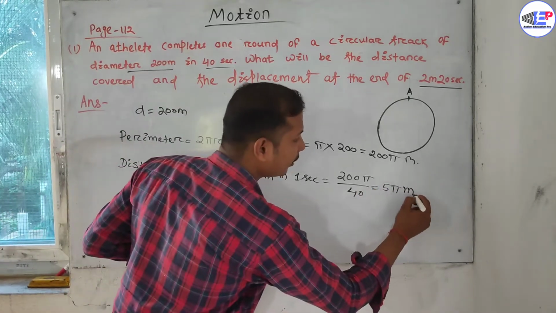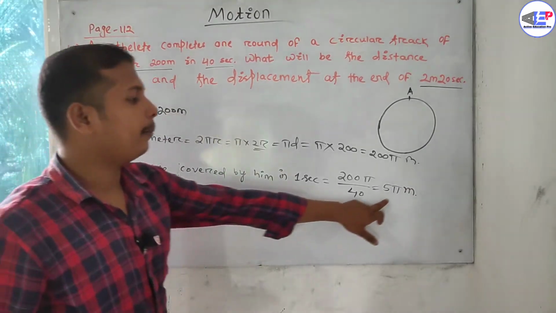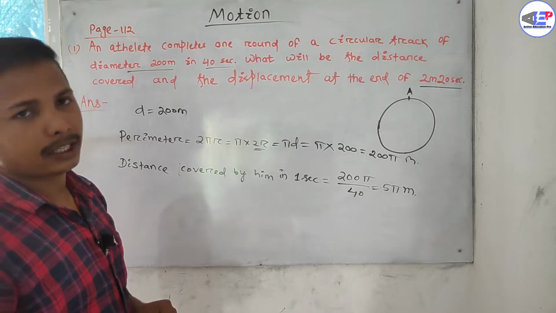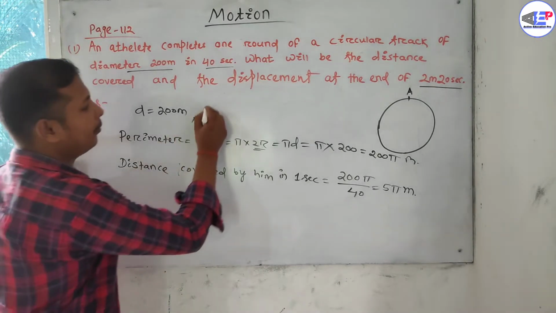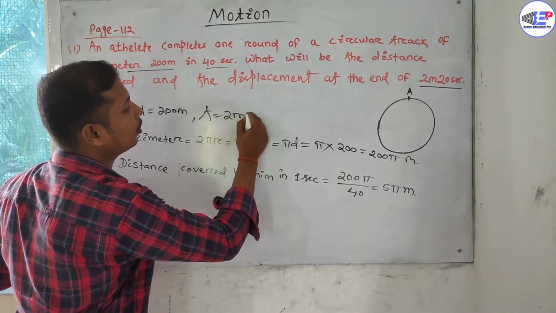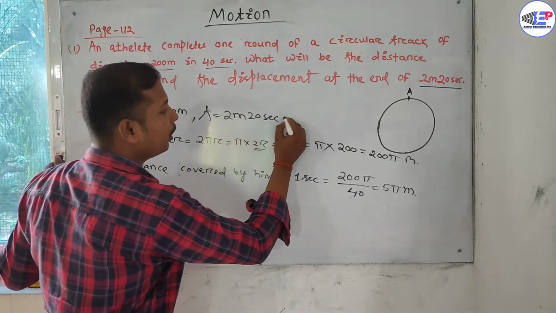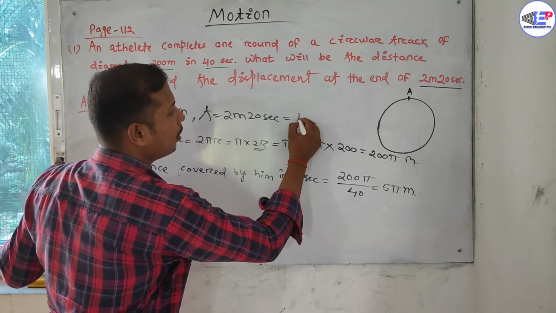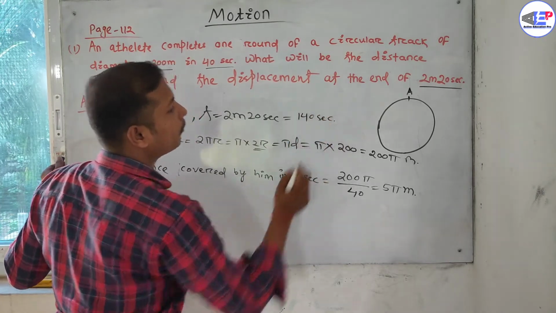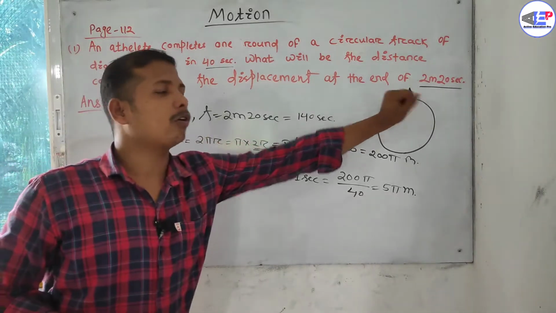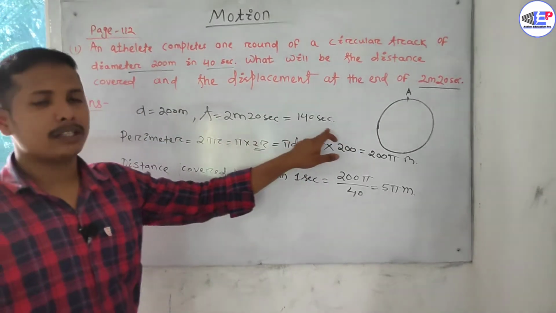So in 1 second the athlete covers 5 pi meter. Given that time is 2 minutes 20 seconds, we can convert this into seconds, which gives 140 seconds. So we have to find out the distance covered by the athlete in 140 seconds.